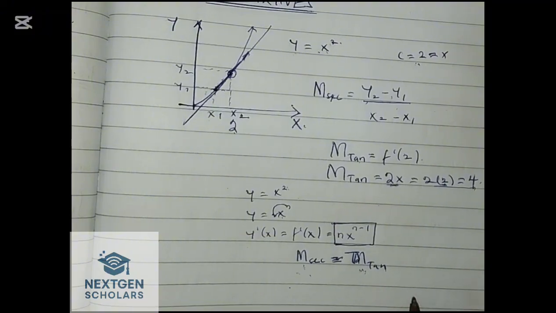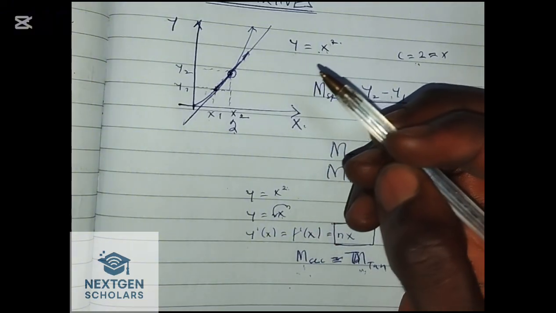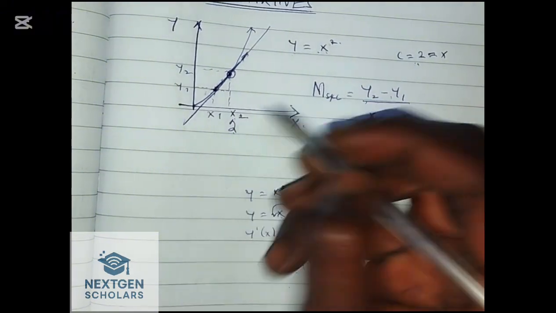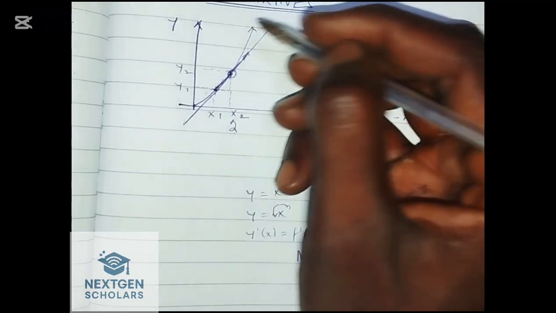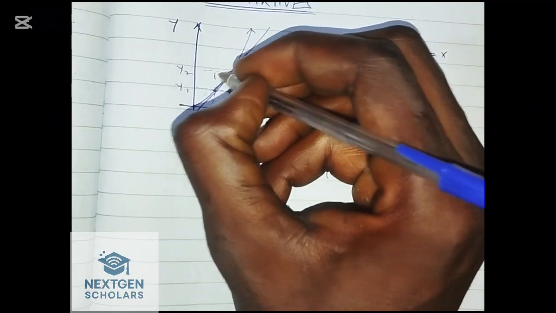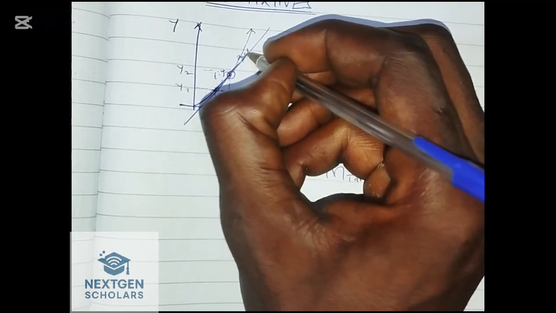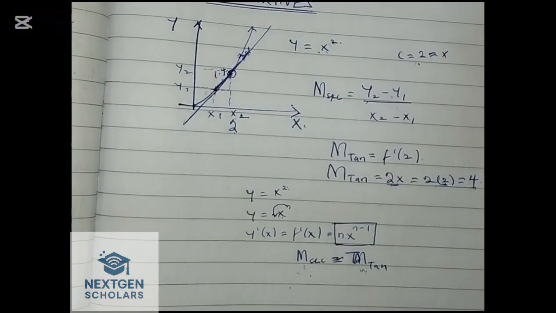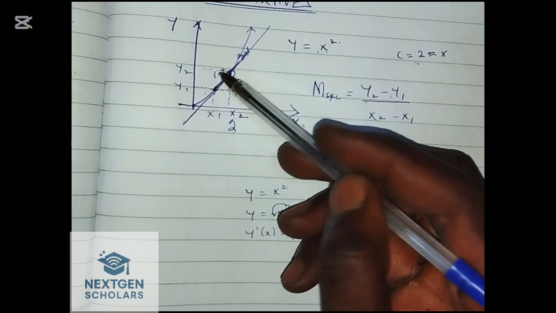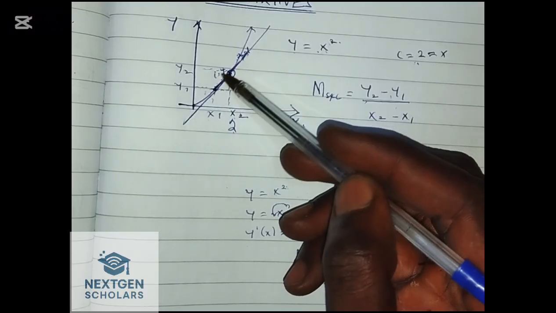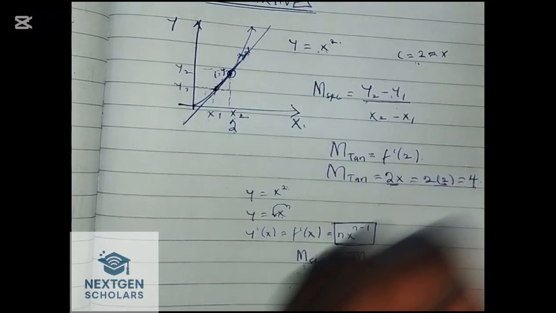So in this case, what can we use? Now this is 2 here. What if we use 1.9? We can use 1.9 and 2.1. When you add those together, you get 4. 4 divided by 2 will give you 2.